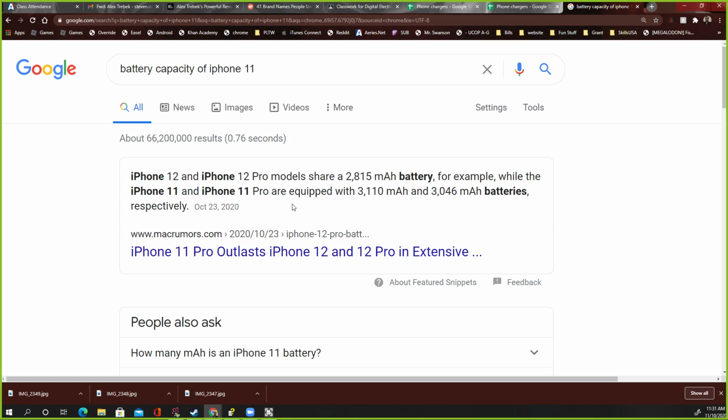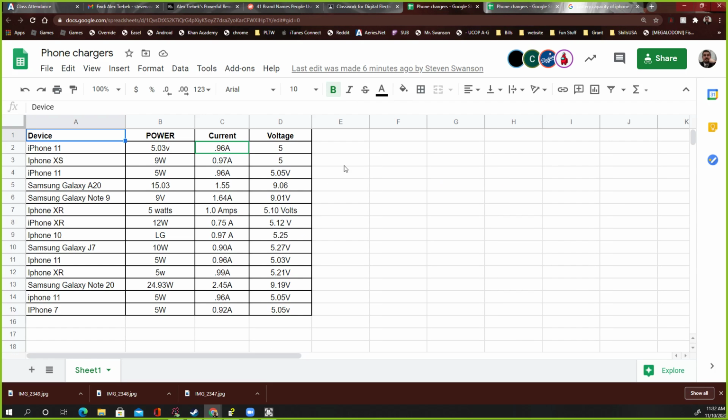And then right here it says, iPhone 12 and iPhone 12 Pro models share a 2,815 milliamp battery, for example, while the iPhone 11 and iPhone 11 Pro are equipped with 3,110 and 3,000 batteries respectively, meaning that the Pro has 3,000. So we're going to assume it's the iPhone 11, this one, which means it has 3,110.